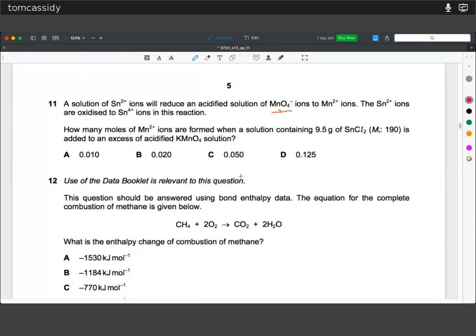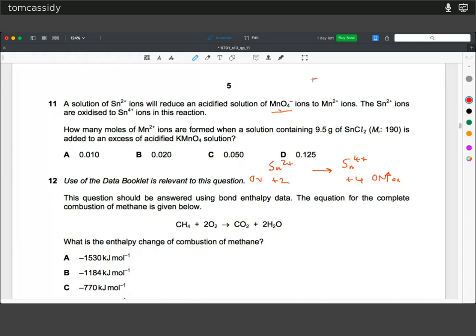You've got this one, they tell you about that in the question. You've got tin 2+, haven't you, going to tin 4+. And so the oxidation number there for tin is going from +2 to +4. Well, the oxidation number is going up. And if it's going up, that means there's an oxidation happening.